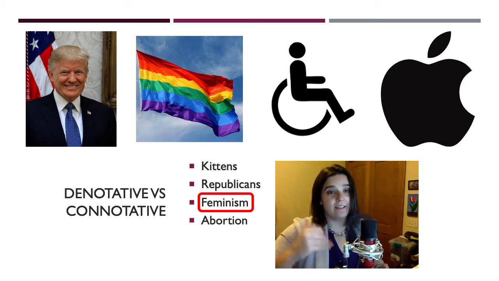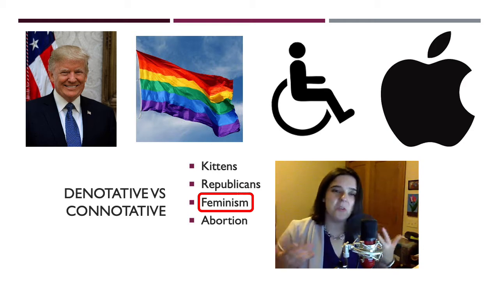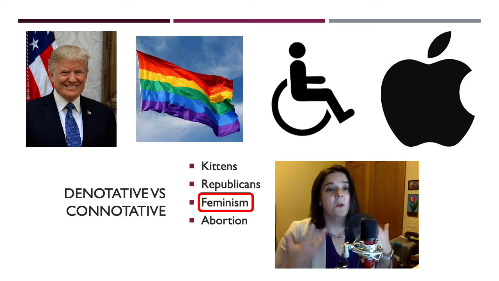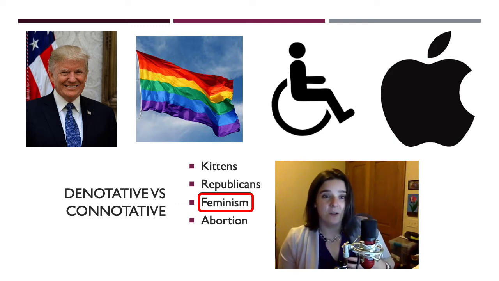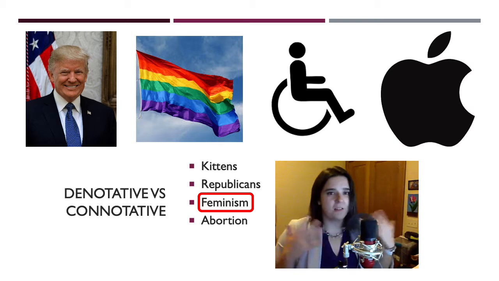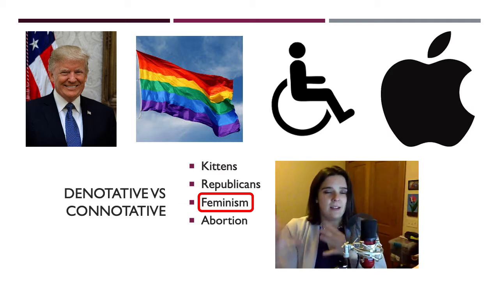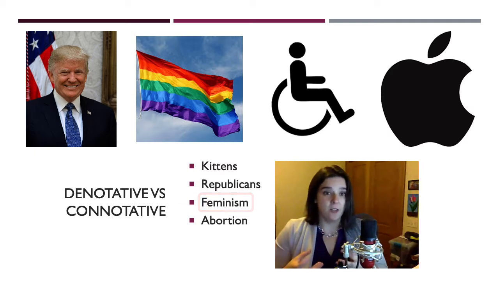Because you might say, yes, identify with feminism. And then okay, so what's a feminist? And then you have a little bit more difficulty with that denotative definition. And feminism is a tough one because there's lots of different definitions for it and waves and all of that kind of stuff. But that's the difference between the denotative and the connotative.